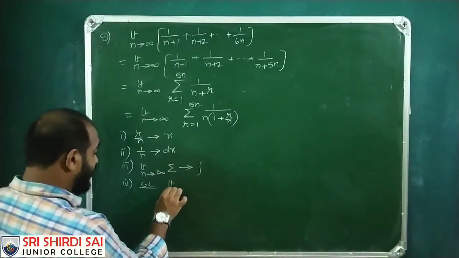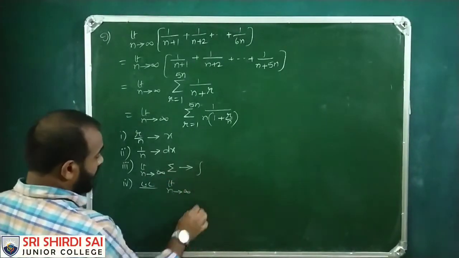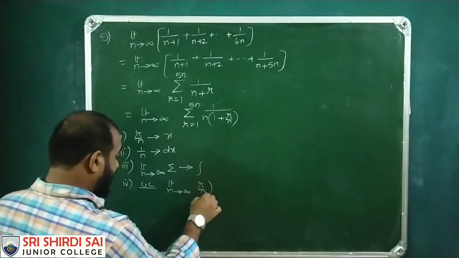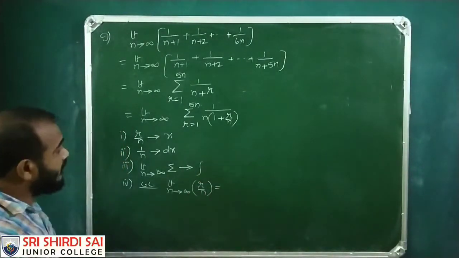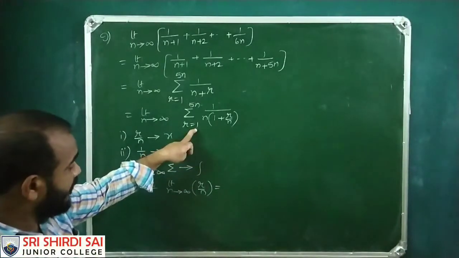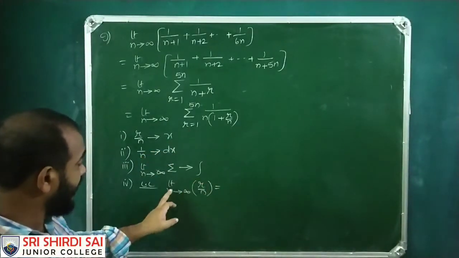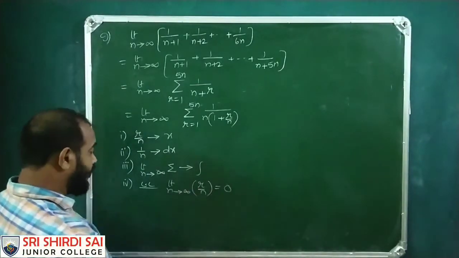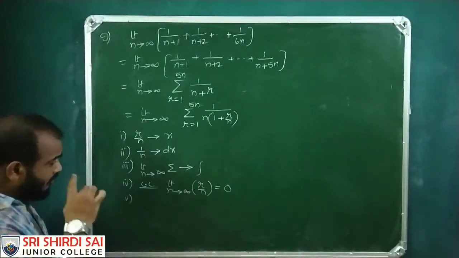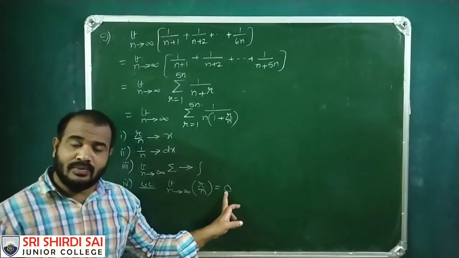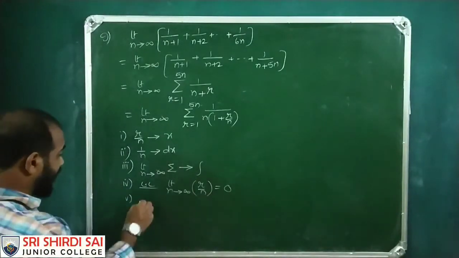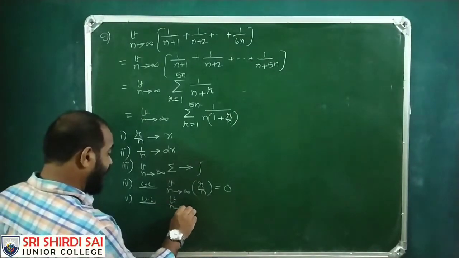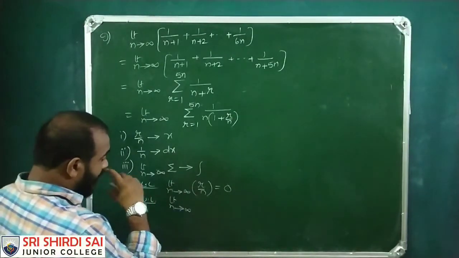limit n tends to infinity r by n. So here 1 being the upper limit, so 1 by n, limit n tends to infinity 1 by n is equals to 0, and in most of the cases actually lower limit will be 0 only, and upper limit is limit n tends to infinity r by n.